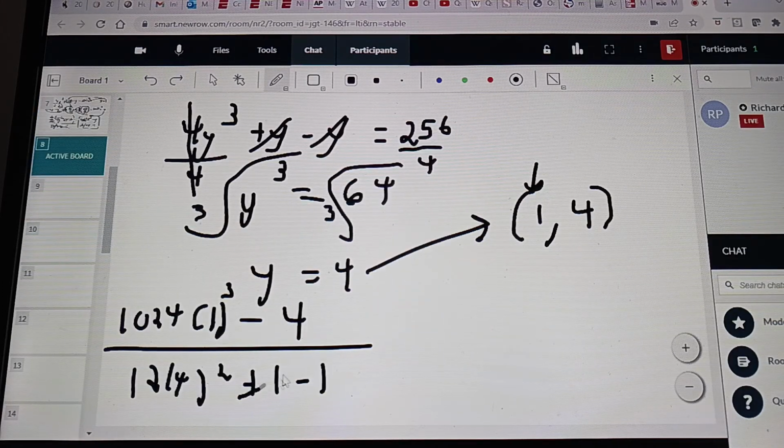So those can even conveniently cancel, and you won't have to worry about it. 1 to the third power is 1, so the top is 1024 minus 4, or 1020.